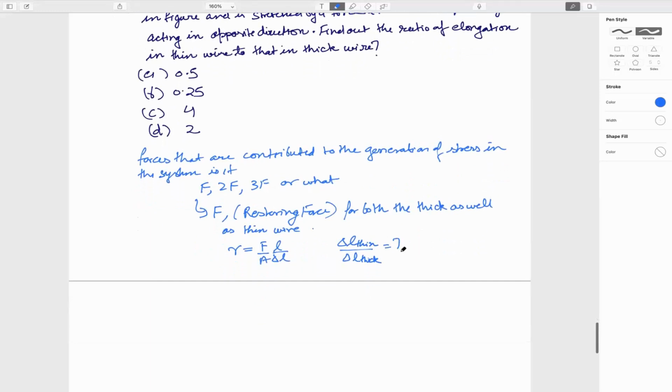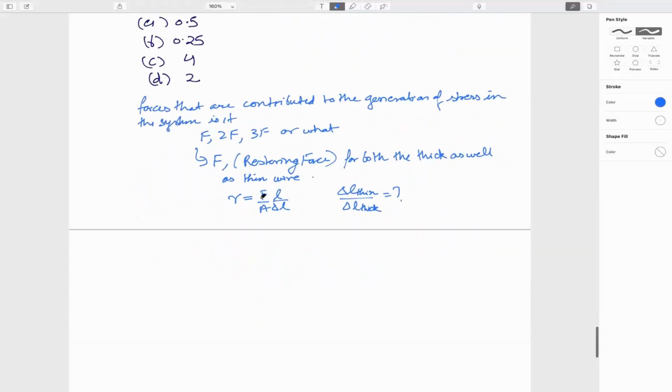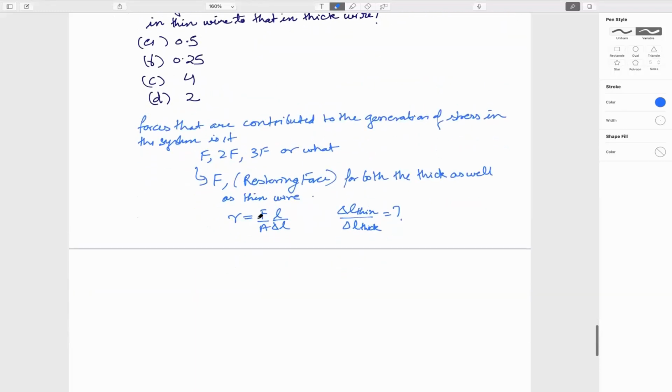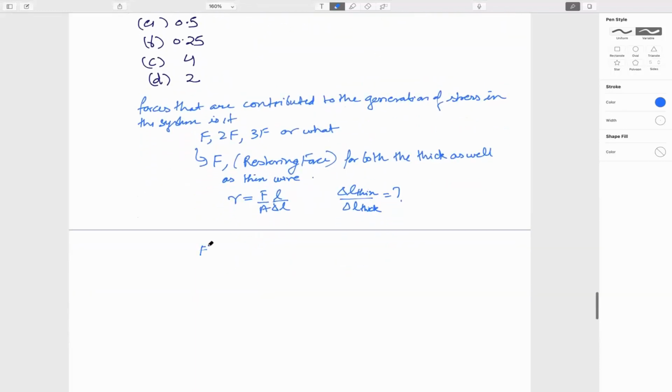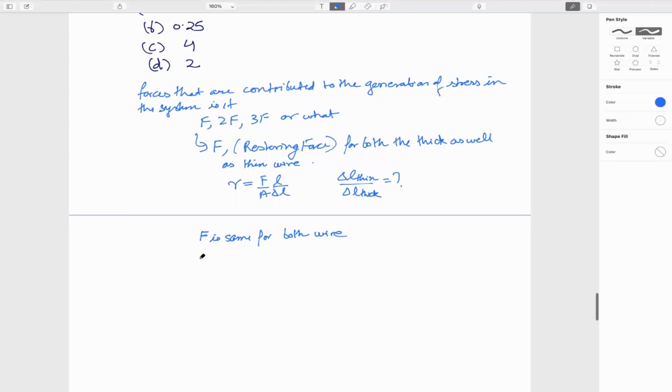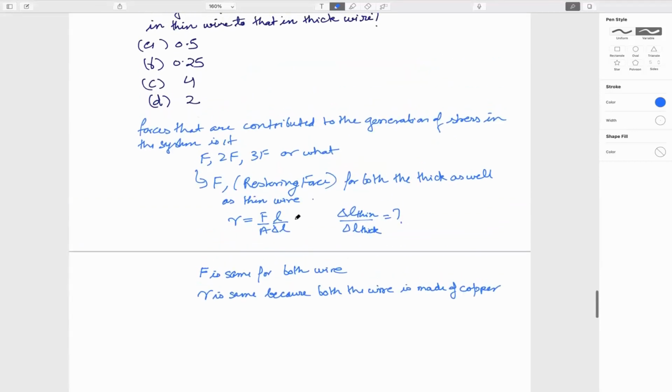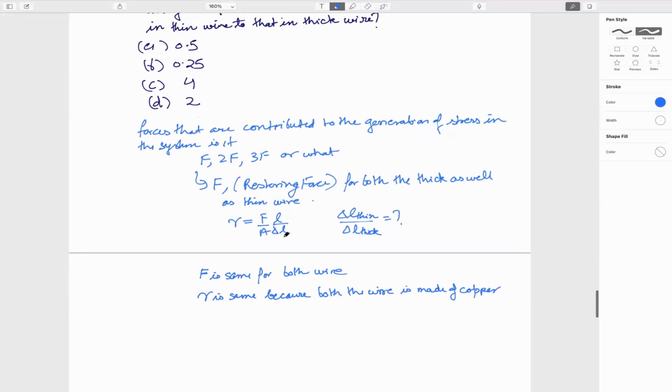The force is the same for both wires. Y is the same because both wires are made of copper. Length is different and the area is different, and we need to find out delta L.